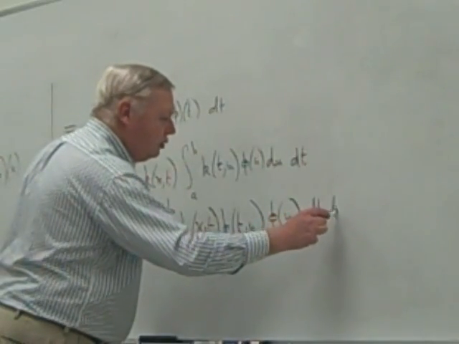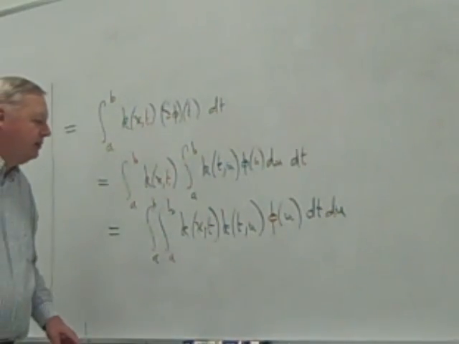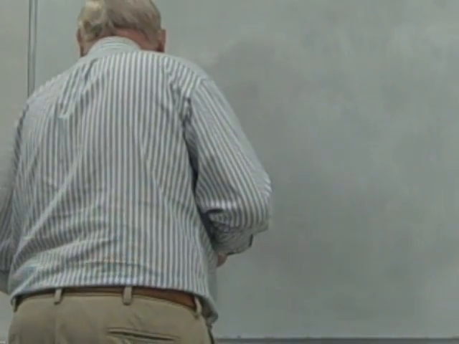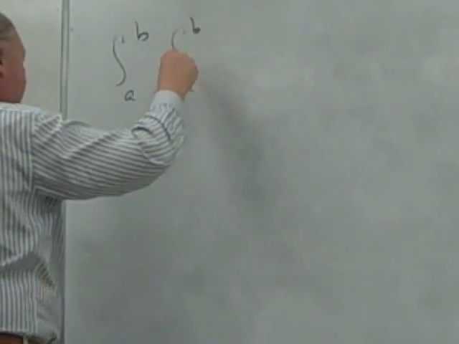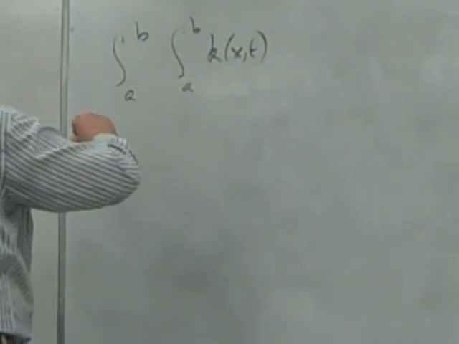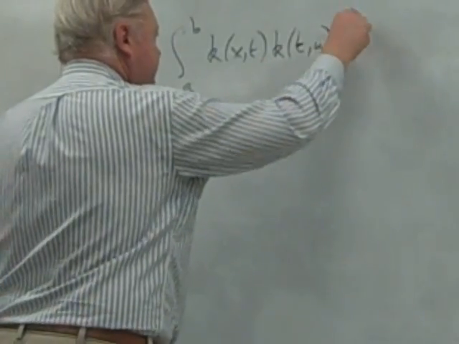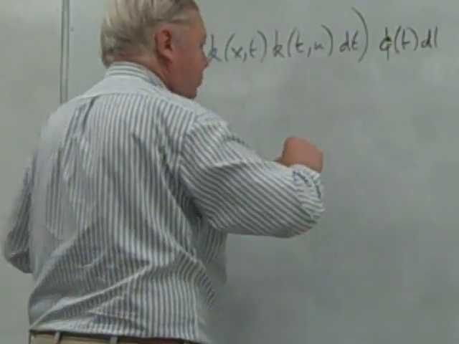But now if I change the order of integration and do it dt du instead, which is fine because I'm on a square, a to b and a to b, then if I do the t integration first, I'll get the integral a to b of k of x,t k of t,u dt times phi of u du.